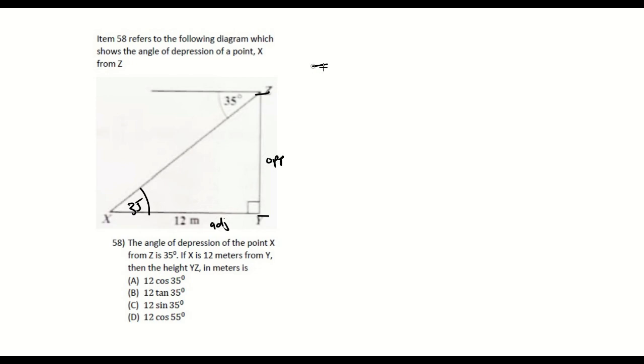That would be tan. So tan 35 is equal to my opposite over my adjacent of 12. Carry this across. That's 12 tan 35, my opposite. Do I have 12 tan 35? That's B, so I know that B is your answer for number 58.